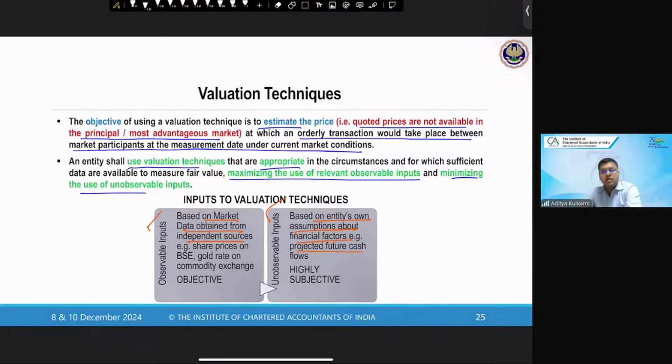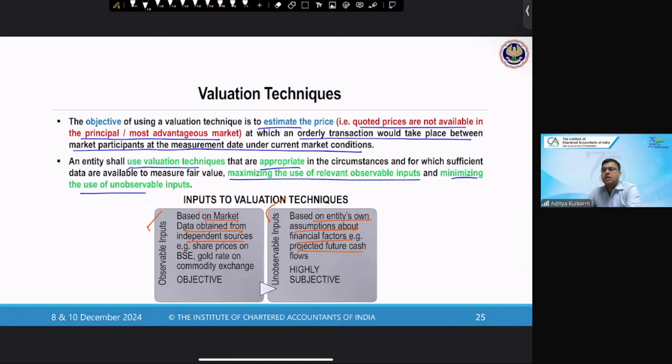What do you mean by observable inputs? Directly available, like the stock price on the National Stock Exchange or gold prices for the particular day. So these are all directly observable inputs. You don't do any adjustment to them.